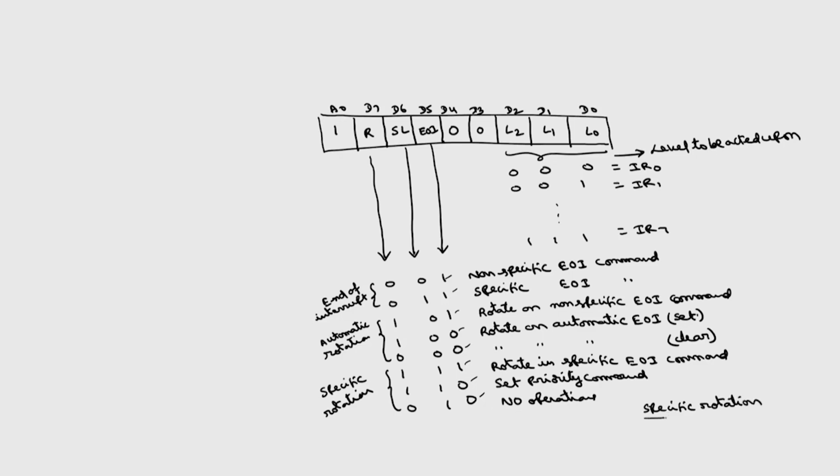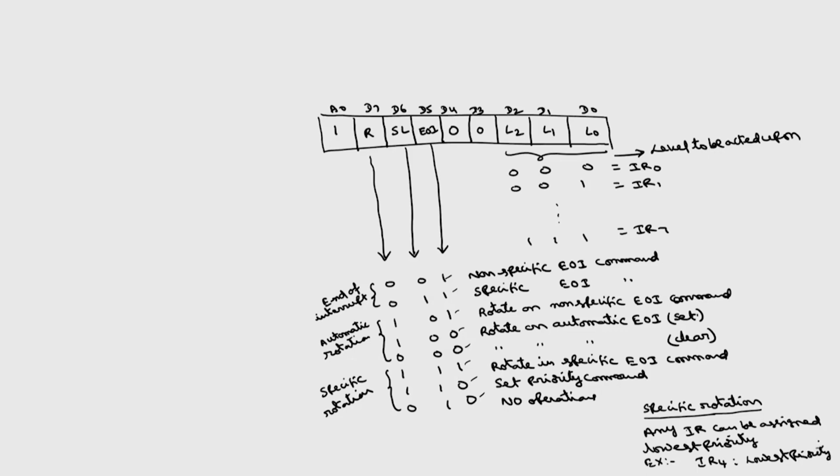In specific rotation, any IR can be assigned the lowest priority. For example, if I assign IR 4 as lowest priority, this will be clear if I give an example of how this IR will be assigned lowest priority.